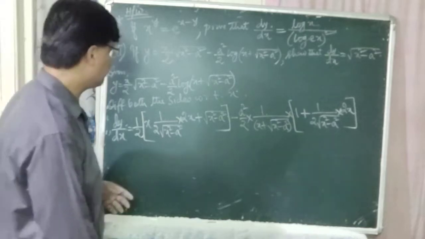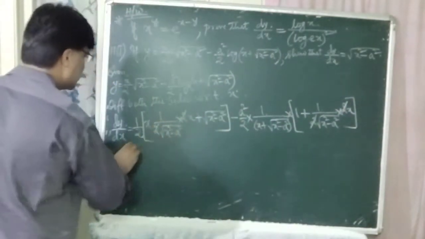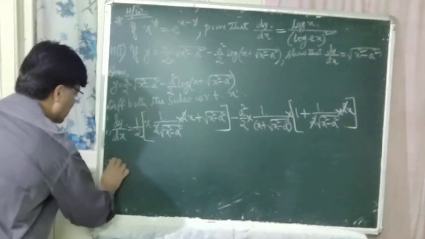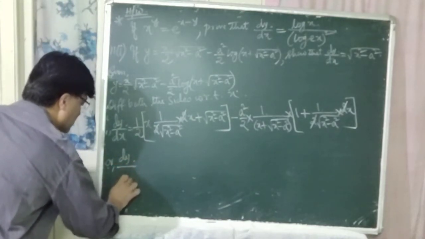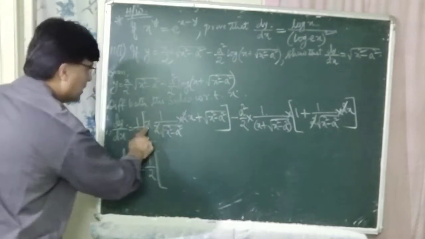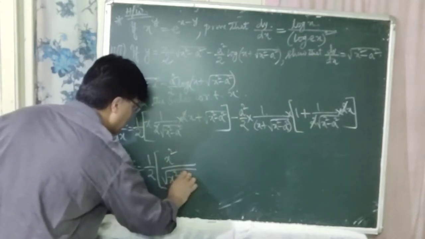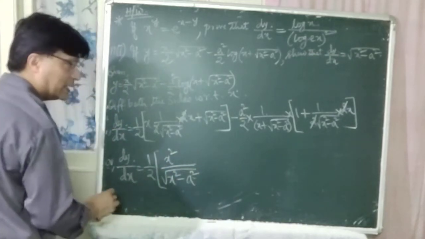Is that clear? So here you can cancel this 2. Here also you can cancel this 2. Or let us simplify it now. So dy by dx is equal to half within third bracket. X into x is x square divided by x square minus a square, right?